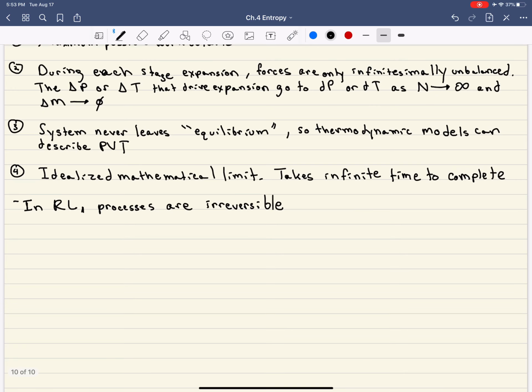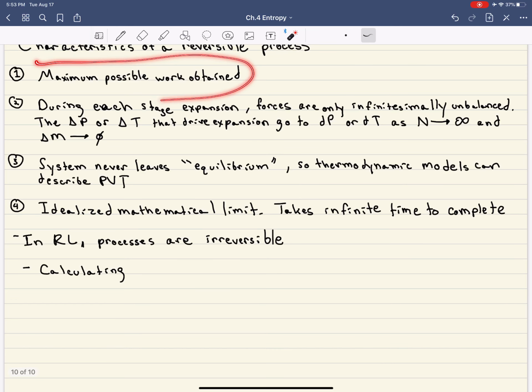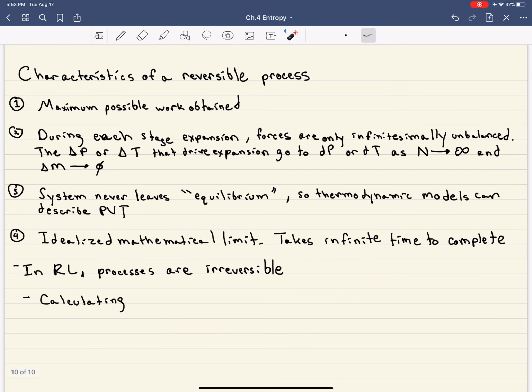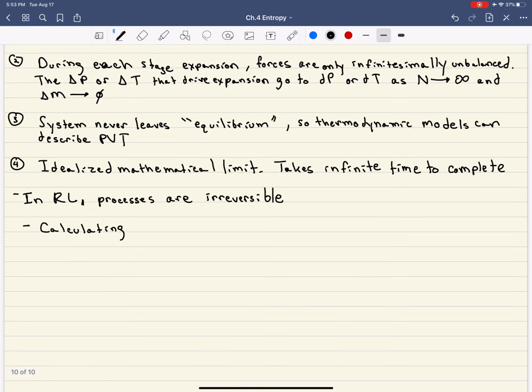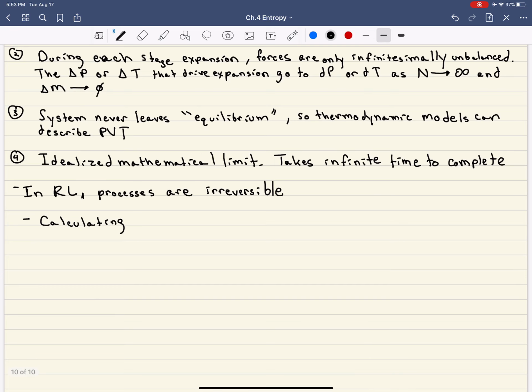So just to restate this again, all the processes we deal with in life are going to be irreversible, and we're not going to be able to actually obtain the maximum possible amount of work from our system. But it is still very useful to think about reversible processes, because by identifying what the reversible process would be, that allows us to calculate a hypothetical upper limit for the energy that's available to be transferred from our system.